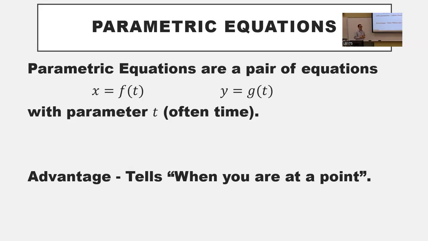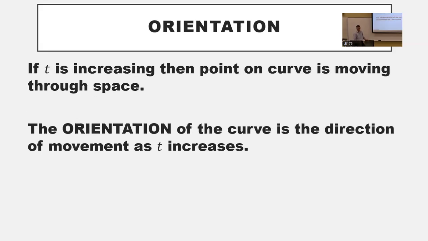If I say, what is the graph of the orbit of the Earth around the sun? Turns out it's elliptical. But the graph is important, but it's also important to say, where is the Earth at this point in time on that graph? So you can track object movements in space. So it tells you when you are at a certain point in time. So again, that's very crucial to things like physics and all that stuff.